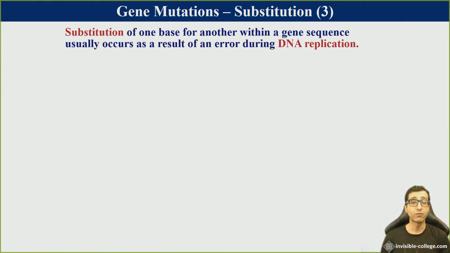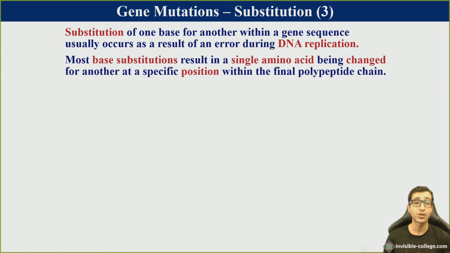Substitution of one base pair for another within a gene sequence usually occurs as a result of an error during DNA replication. Most base substitutions will result in a single amino acid being changed for another at a specific position within the final polypeptide chain.